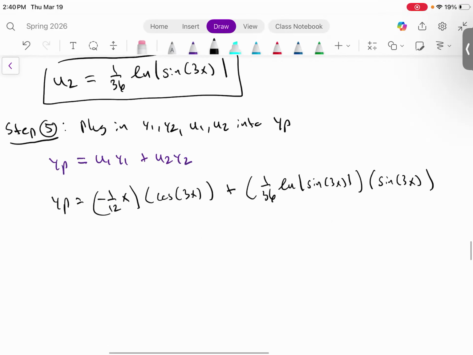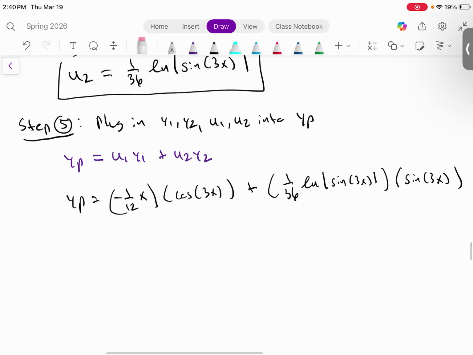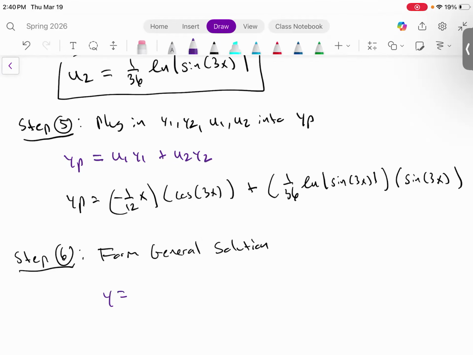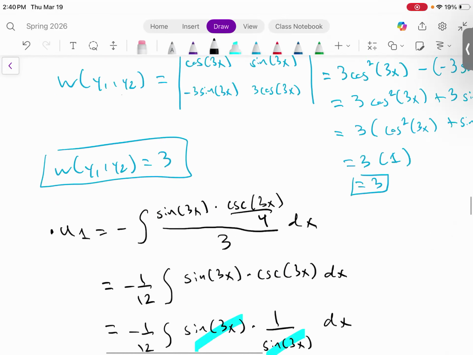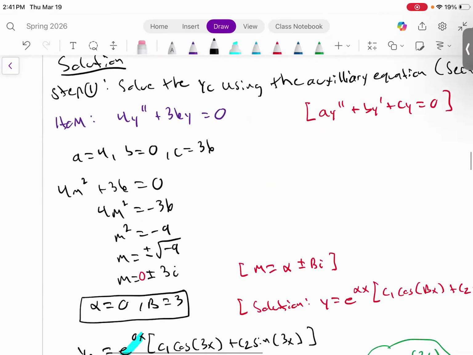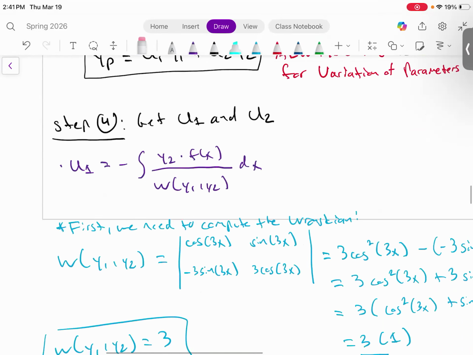Okay, and now step 6 is form the general solution. And so our general solution is complementary plus the particular. Here's our particular. Our complementary is way up here, way at the beginning. So we just take these, add them together, and that's our general solution.